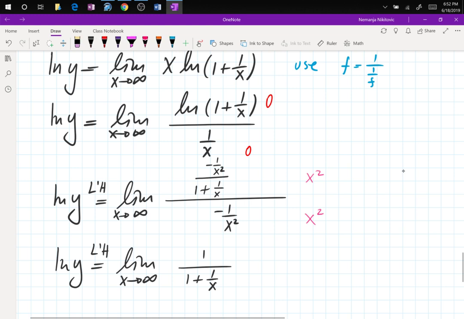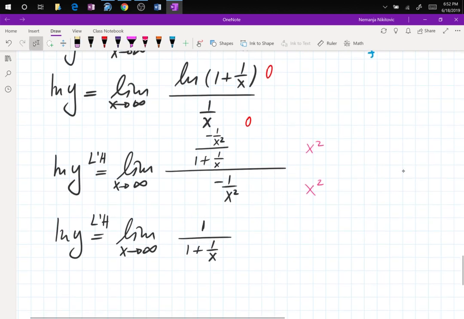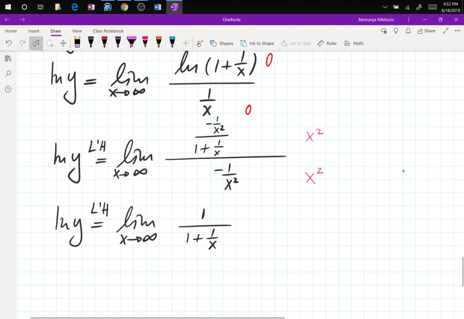Oh, negatives cancel as well. So now when I plug in infinity, it becomes 1 over 1, which is 1. So I got ln y is equal to 1.